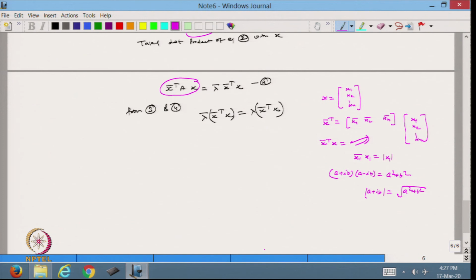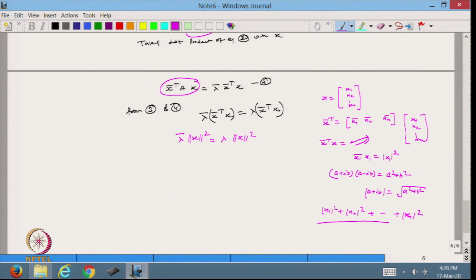So, this quantity is basically the modulus of x1 squared plus the modulus of x2 squared, and so on up to the modulus of xn squared.